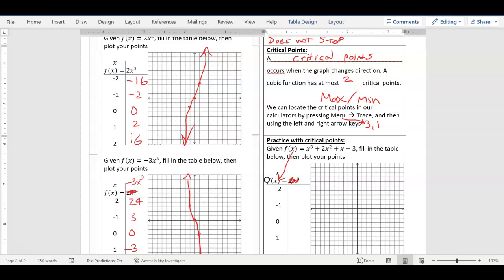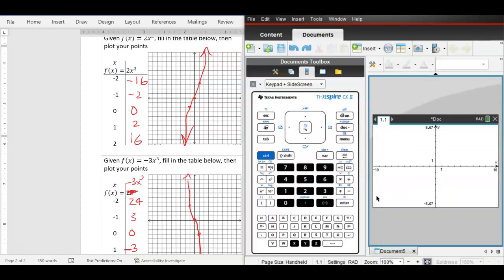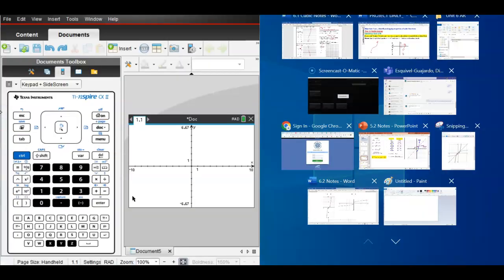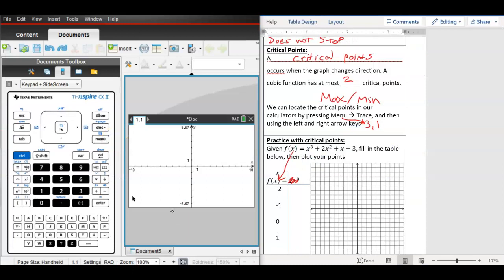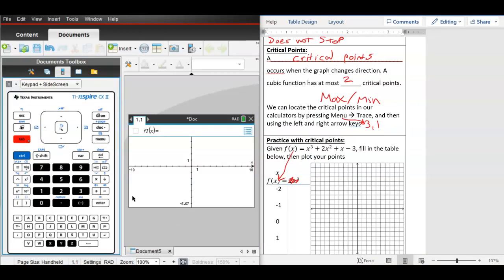Okay, so we have another equation to graph down here. So let's go ahead and graph this one. It is x cubed, so x caret 3, go to the right, plus 2x squared, plus x minus 3.